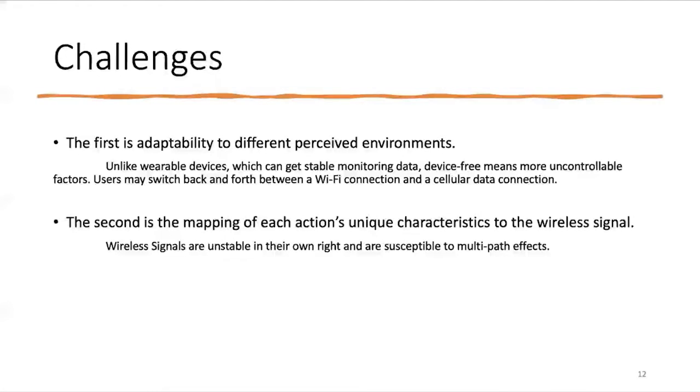The users may switch back and forth between a Wi-Fi connection and a cellular data connection. The second challenge is the mapping of each action's unit characteristics to the wireless signal. The wireless signals are unstable in their own right and are susceptible to multiple effects.